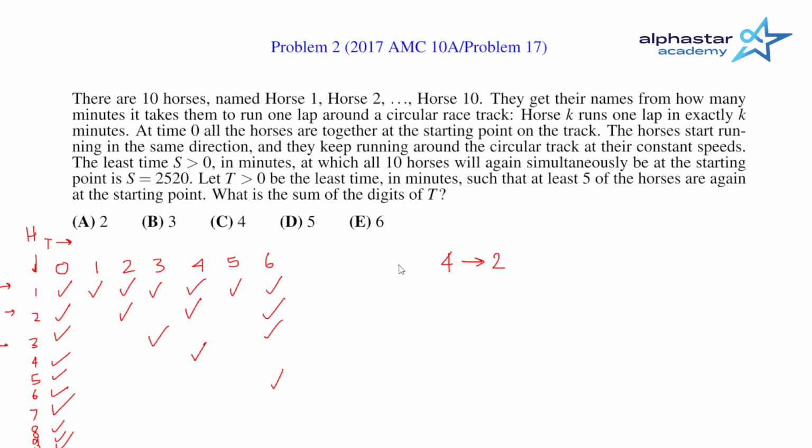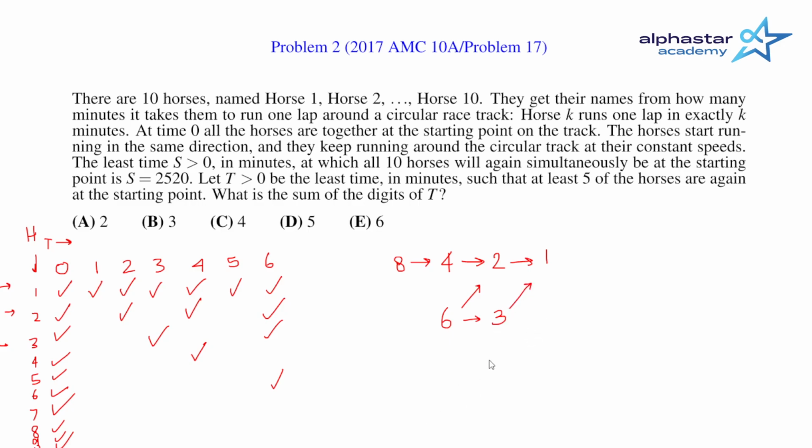In a similar vein, if 8 is at the starting point, then so is 4. And we can construct a diagram indicating, for example, that if 6 is, then so is 2, and if 6 is, then so is 3.